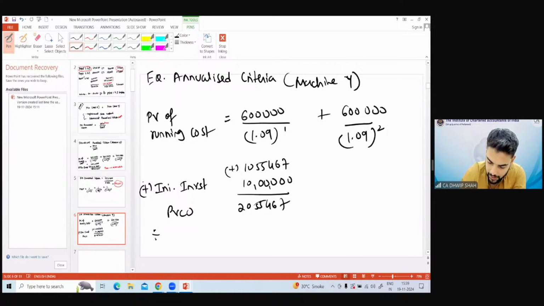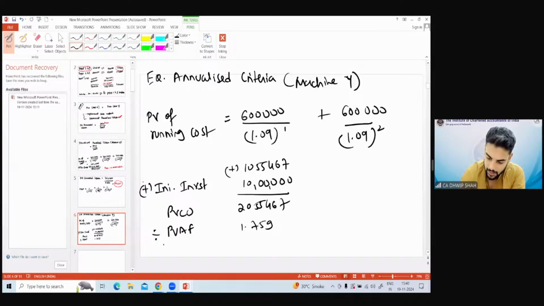So my PVCO is 2,055,467. And if we divide this by PVAF, here it would be the discounting factor summation for 2 years. Okay, since life is 2 years, we will take the summation of 2 years, 1.7591, 1.759.